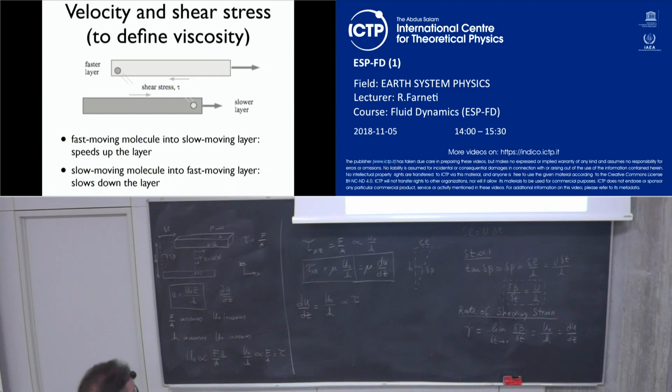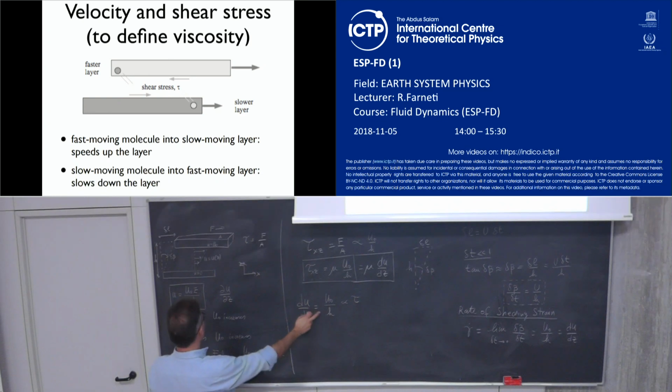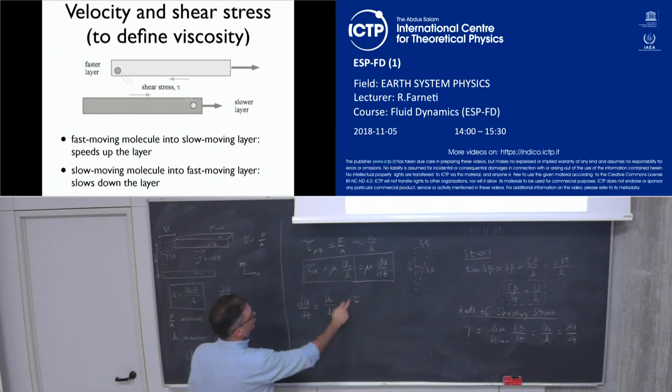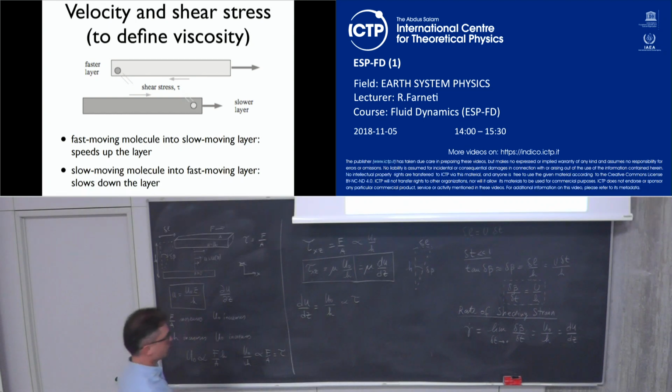So we have a linear dependency of the velocity within the fluid, which is like this. My du by dz, the dependency of the velocity on the vertical, is equal to u naught over h, and u naught over h is proportional to my shear stress.